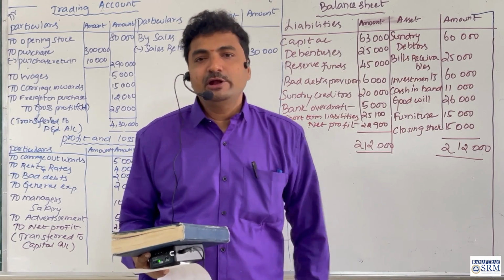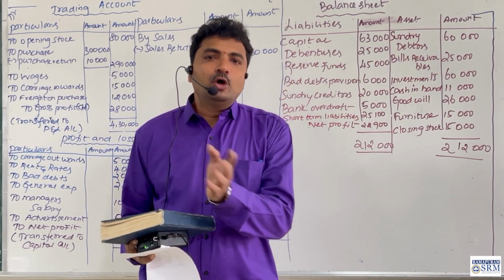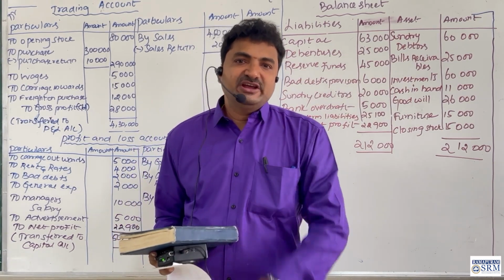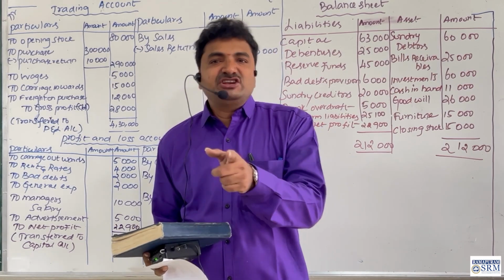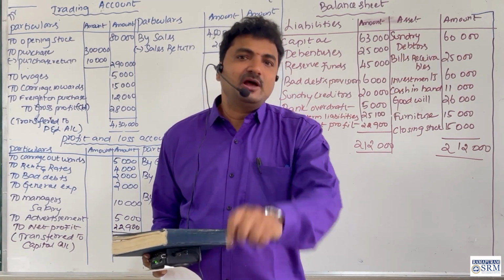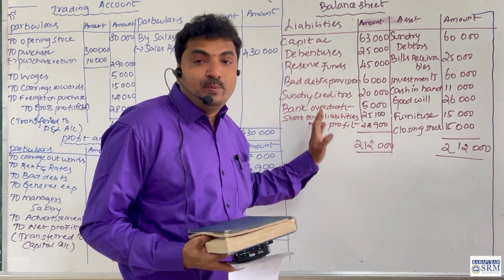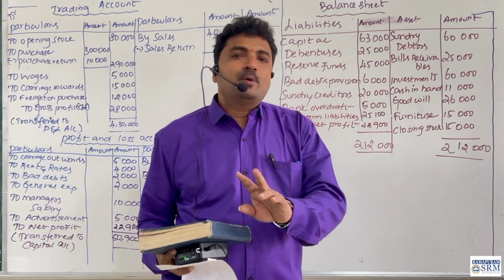One example I will tell you. Suppose you are running a company and you get a loan from ICICI Bank of around 10 lakh for 3 years. So your company's liability to ICICI Bank is that particular amount. Liabilities are classified into two major components.